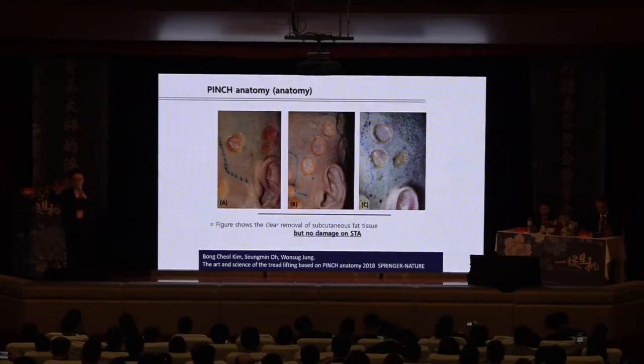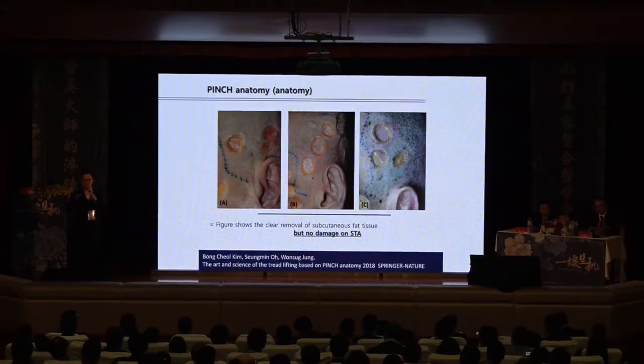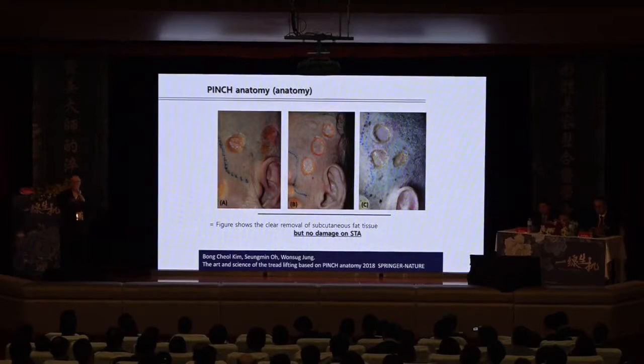We do the pinch and cut. In pictures A and B, you can see the superficial temporal artery is not damaged, and the surrounding fat tissue moves. The superficial temporal artery has volume and height.